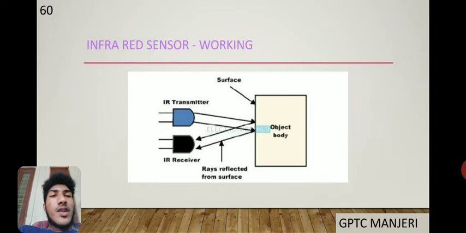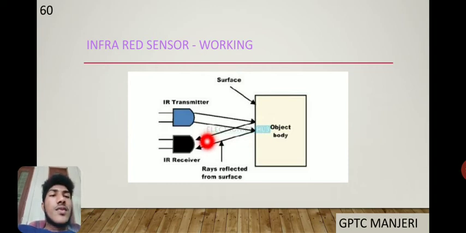So the IR transmitter transmits the infrared waves, and the infrared sensor has a region. When the object comes into this region, the waves bounce off the object and are reflected to the IR receiver.